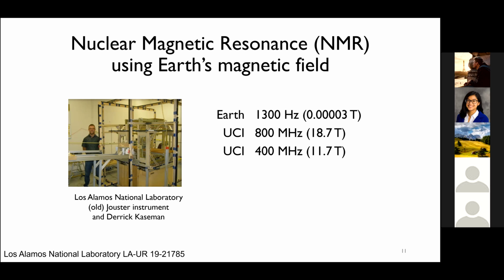I don't have pictures of the newer one. The newer one is much smaller and can operate on milliliters of material and get pretty good spectra. This is also using the Earth's magnetic field with just a smaller little magnet to up it a tiny amount. And so this is incredibly low. I have up there some of the measurements in Tesla of instruments at UCI, 18 Tesla, and the Earth's magnetic field is far, far below that. And it's basically everywhere on Earth.